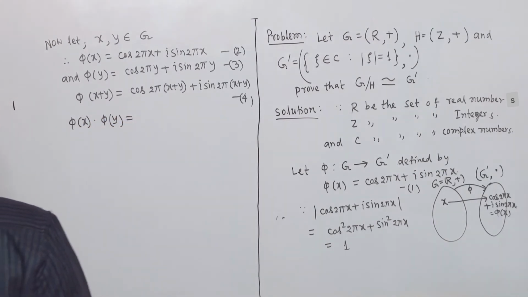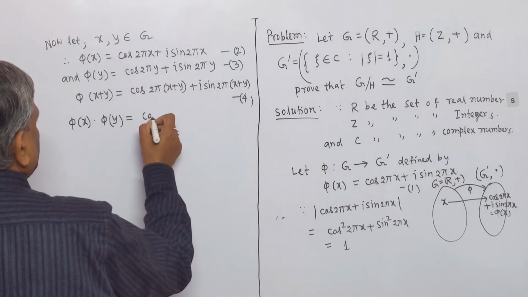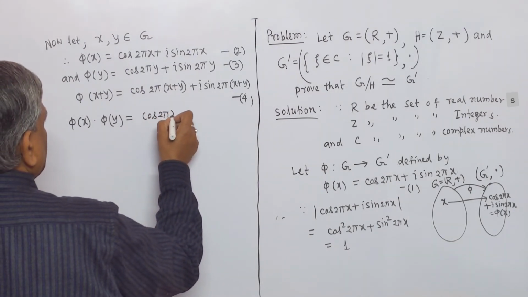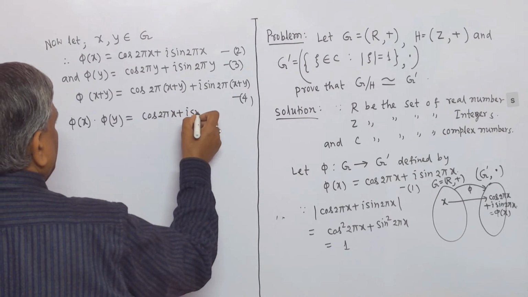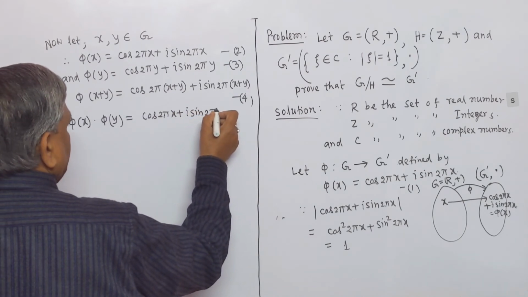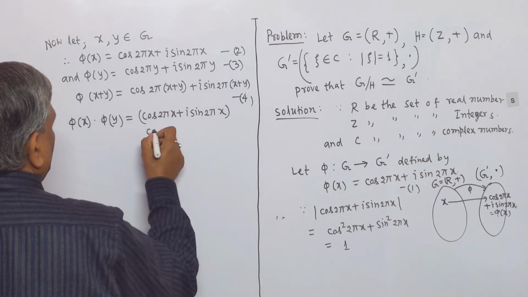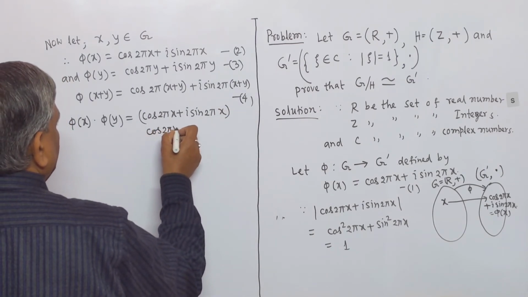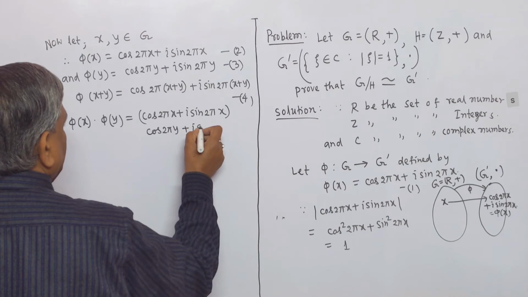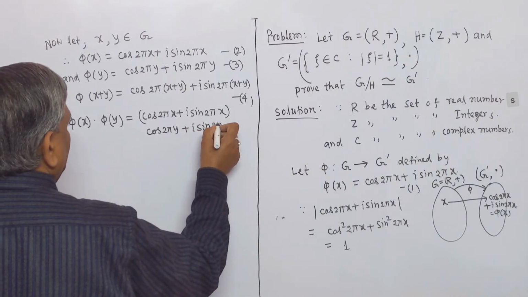This equal to cos 2 pi x plus I sin 2 pi x multiply cos 2 pi y plus I sin 2 pi y.